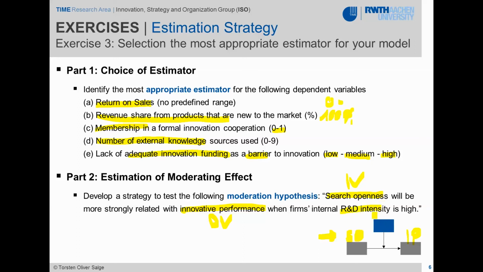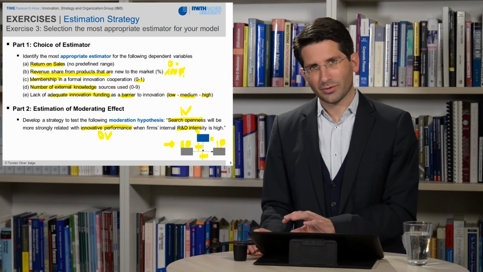So R&D is our moderator. And the relationship is such that the positive effect between search openness and innovative performance gets stronger the higher the research and development intensity of the focal organization. So this is also a positive reinforcing moderating effect. So this is the hypothesis.